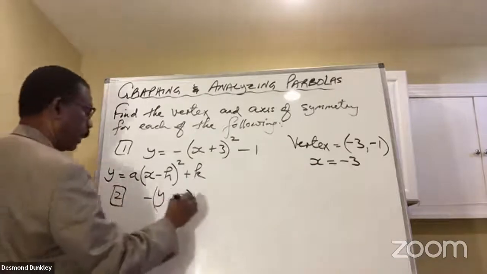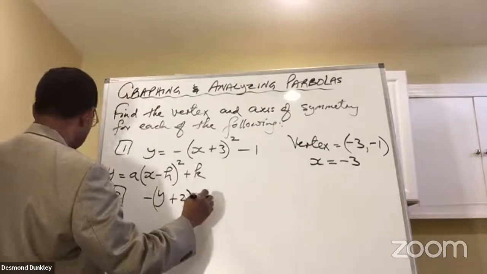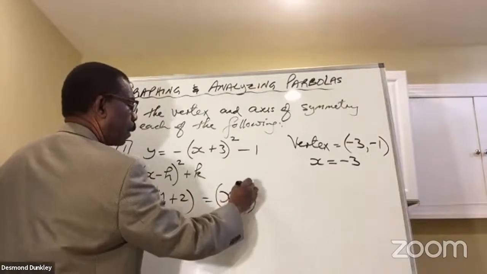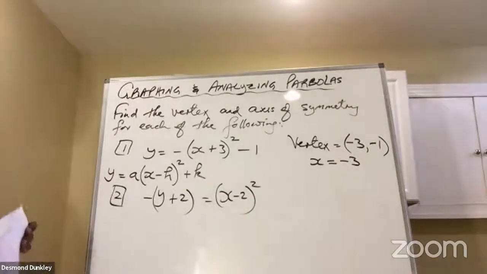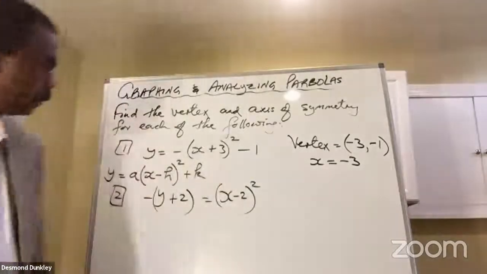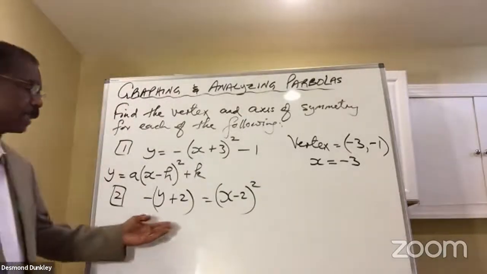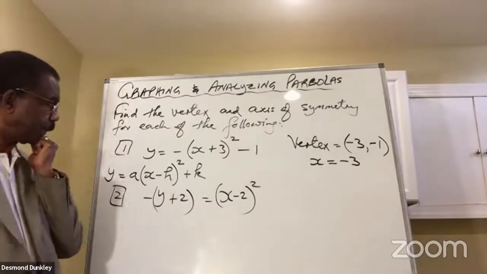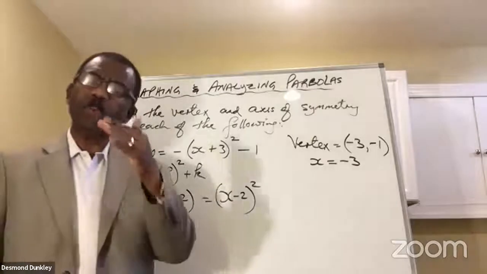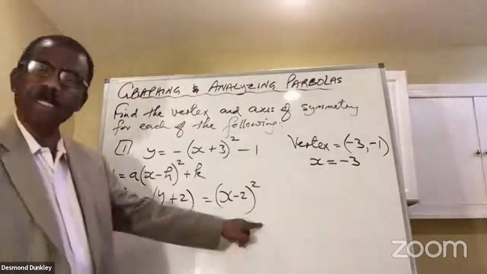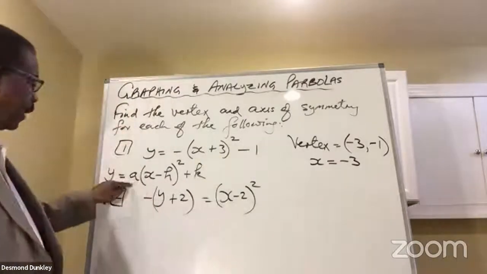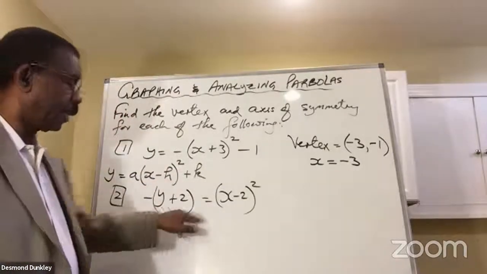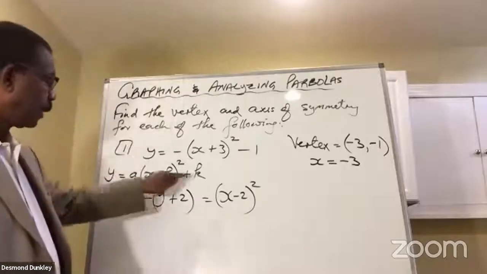Minus (y plus 2) equal to (x minus 2) squared. From this, we would like to find the vertex and the axis of symmetry. So in order for us to do that, we need to get this to look like that. We need to rework this so that it looks like that.